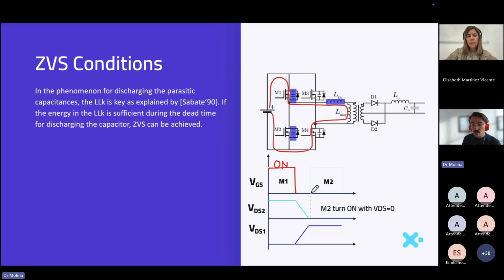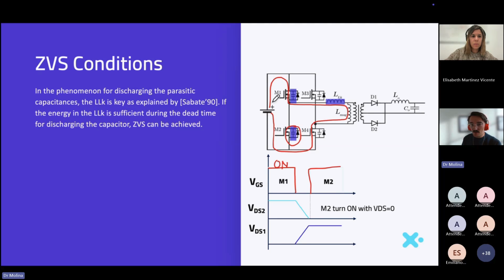So you can see here that once this is off, we need to switch on the next one. The main goal to achieve zero voltage switching and reduce the switching losses is this: once you switch off this one, this capacitor is charged to the input voltage.